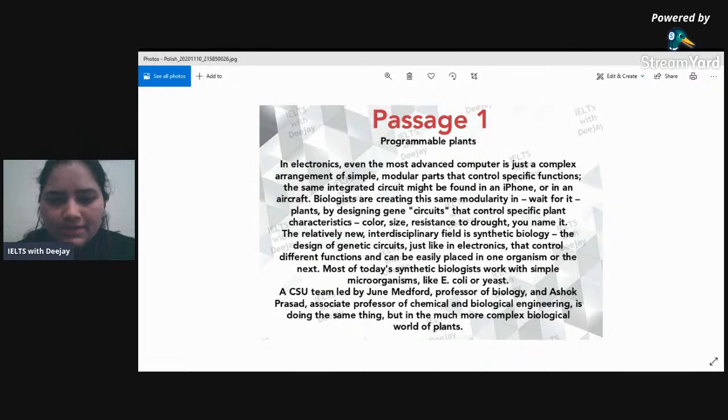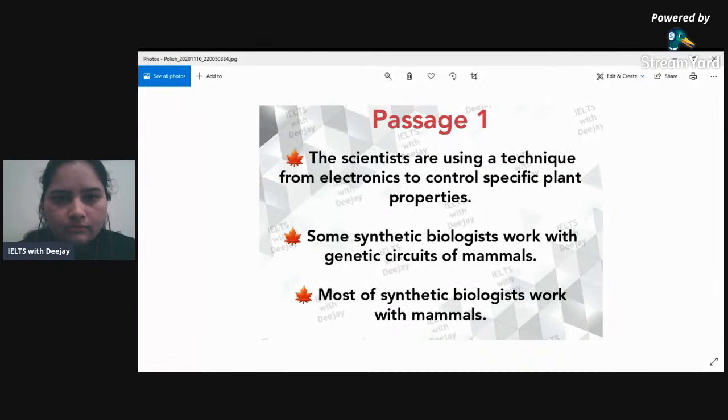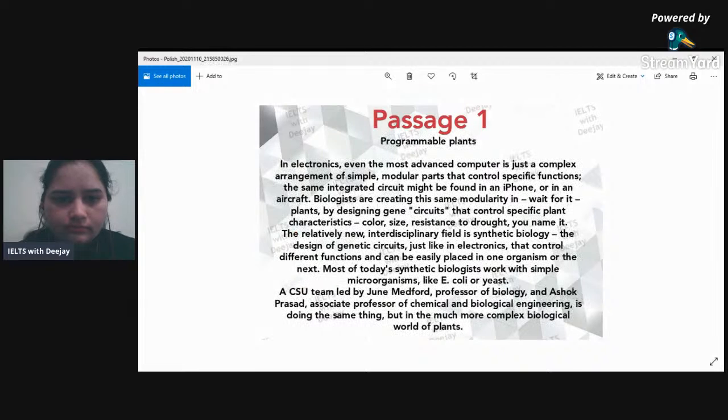The second one, read the second one and answer.